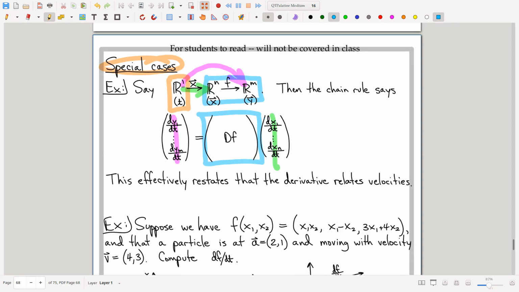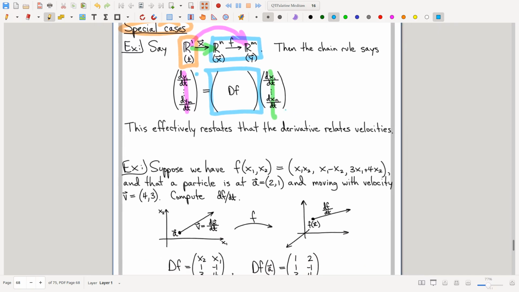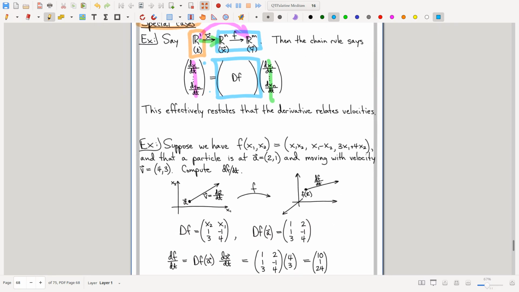You'll notice that this example here is nothing more than putting that into action. We have an input velocity given. The question is to find an output velocity. So how do we do it? What's the procedure? Well, the derivative matrix is what you multiply by the input velocity to get the output velocity.